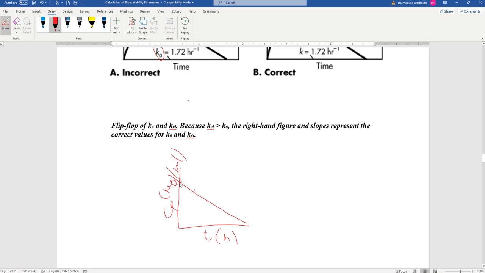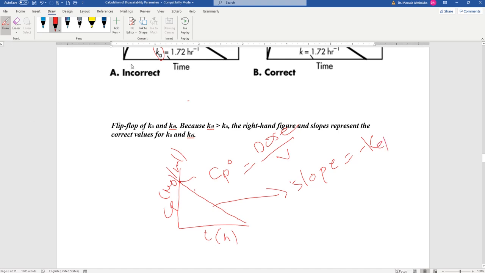So he calculated Cp0, which is equal to, don't forget, dose over V, and he calculated the intercept and the slope. The slope equals minus KL.